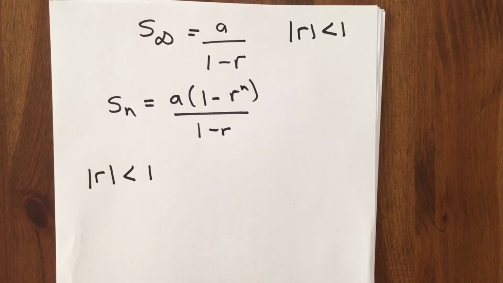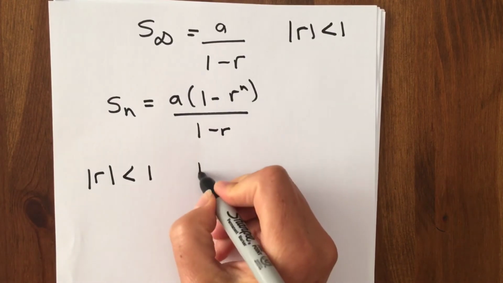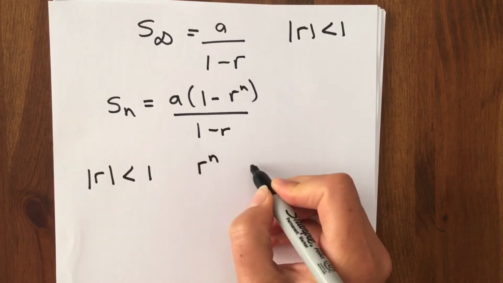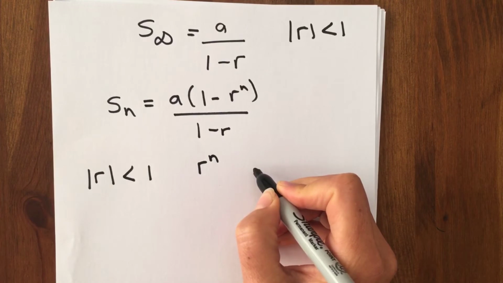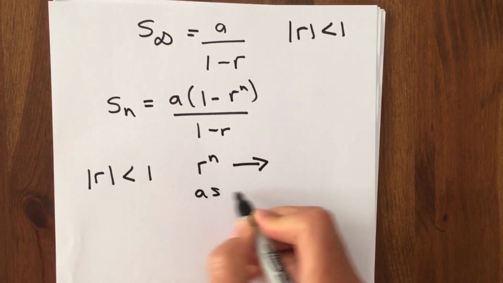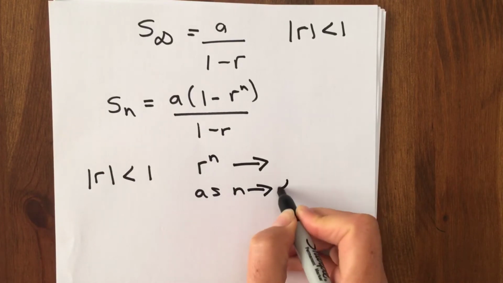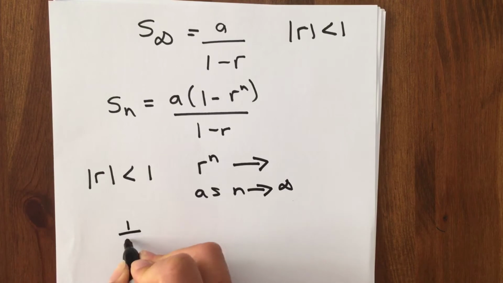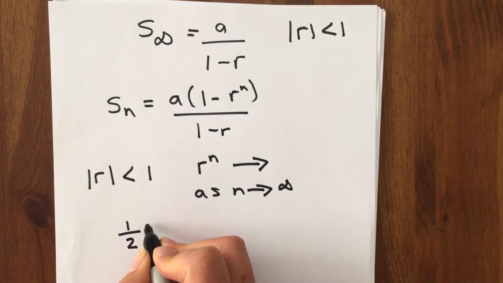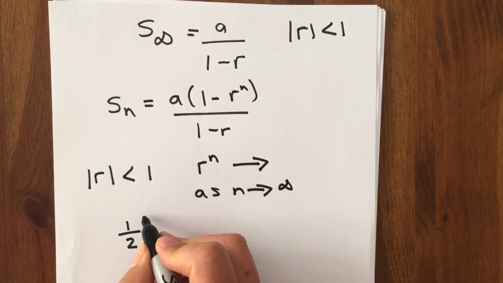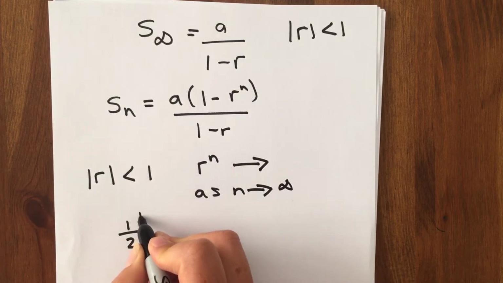If we look at r to the n, what happens when n goes to infinity? What does this tend to as n tends to infinity? For example, let's say we had a half for r. So a half to a massive number, let's say 1 million.